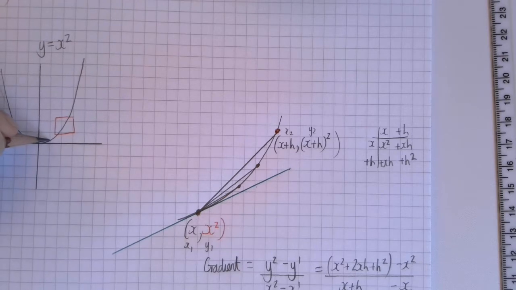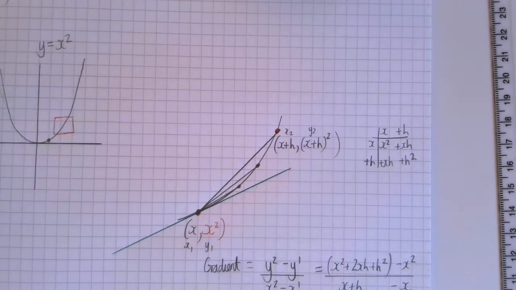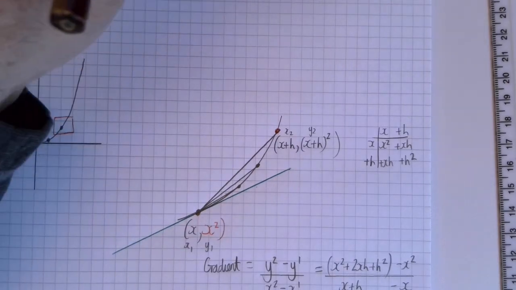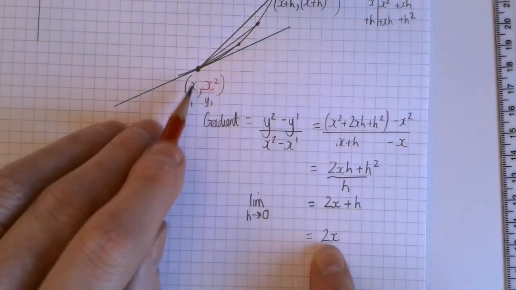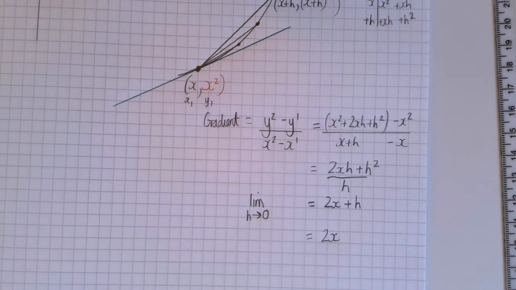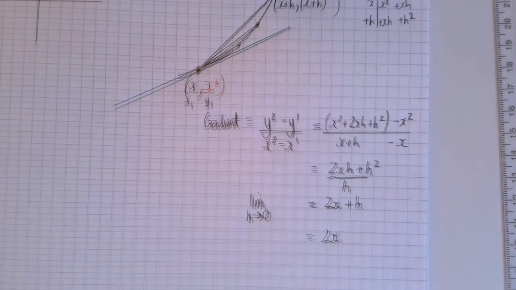So if I take a point here where x is 1, say, the gradient's 2. If I take a point here where x is 2, the gradient's 4. If I take a point here where x is minus 1, the gradient is minus 2. If the function is y equals x squared, the gradient is always 2 times the x value at any point on that curve. And this process was the process that those mathematicians first used to calculate that.